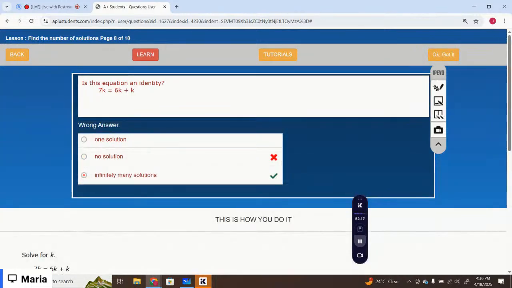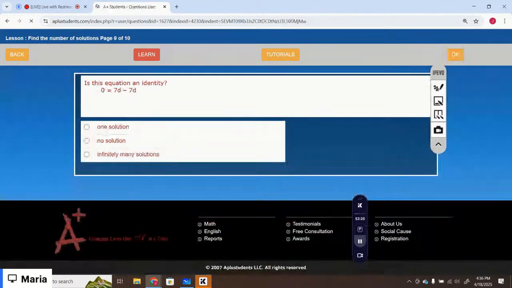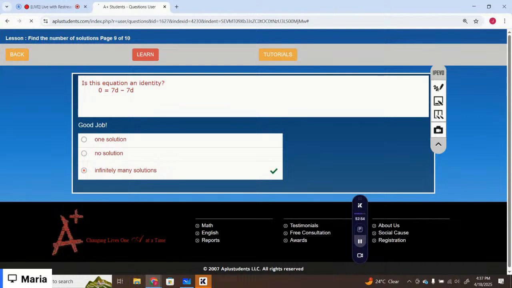Oh, both sides are exactly equal, right? 7k is equal to 7k, so then infinitely many solutions. The correct option is infinitely many solutions. Is this equation an identity? Infinitely many solutions because both sides are exactly equal.